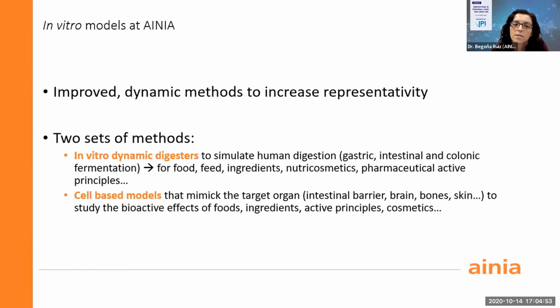And we use them to test food, feed, ingredients, nutricosmetics, or pharmaceutical active principles. And we combine that with cell-based models to mimic target organ. It can be the intestinal barrier, but also brain cells, bones, skin, or whatever, to study the bioactive effects of the foods, ingredients, active principles, or cosmetics.